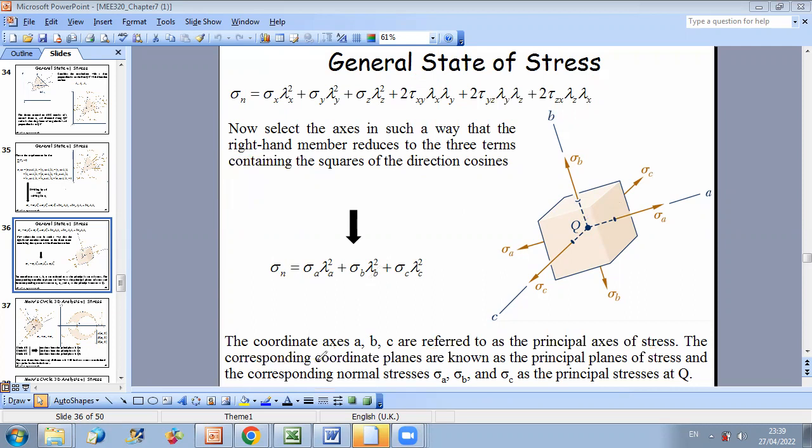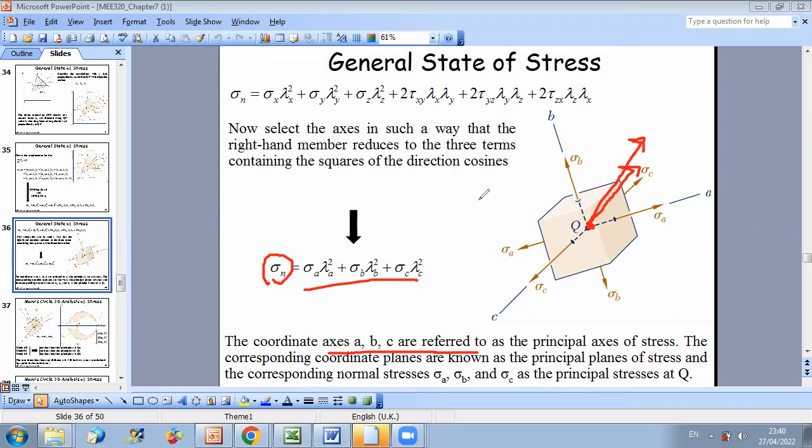So we can then say that the coordinate axes ABC will be the principal axes of stress, and the corresponding coordinate planes are known as the principal planes of stress, and the corresponding normal stresses sigma A, sigma B, and sigma C are the principal stresses at point Q. And if we know the principal stresses at point Q, we can deduce what is sigma normal for any orientation that is rotated with certain angles alpha, beta, gamma from A, B, and C. Because once we know the unit vector of the direction of interest, we can determine sigma n as sigma a lambda a square plus sigma b lambda b square plus sigma c lambda c square.